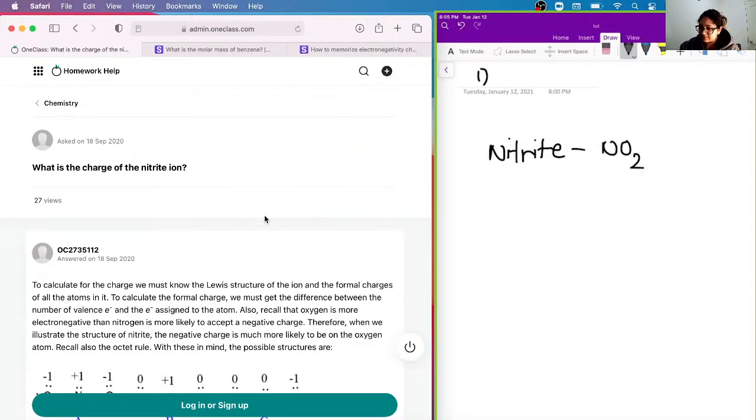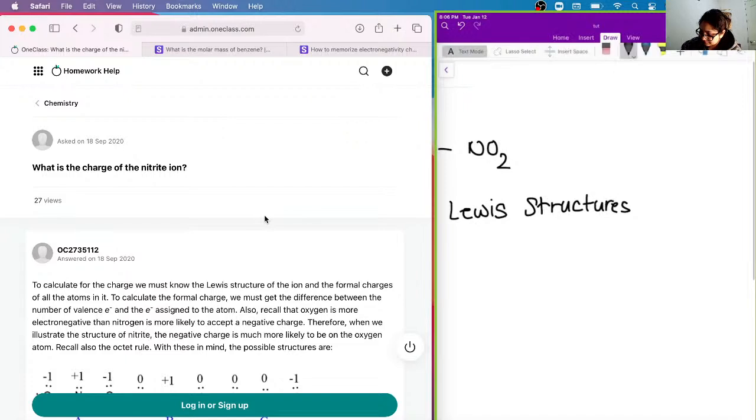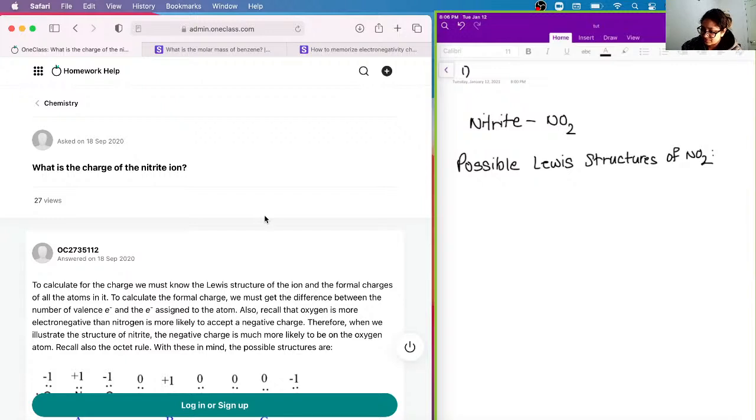Okay, and so with those rules in mind, we can basically come up with the possible Lewis structures of NO2. So let's draw the possible Lewis structures for them.